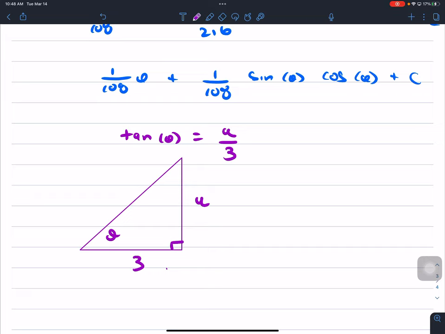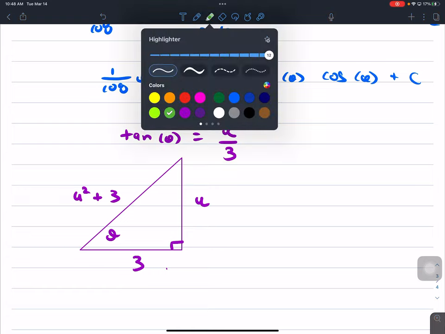Now, what does Pythagorean theorem say? This is going to be what? Is that u squared plus 3 by Pythagorean theorem? Okay. So remember, we need a few things, right?